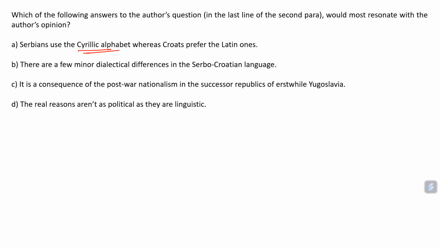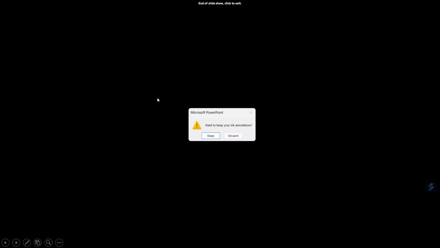If I read this out, the reason why they are considered separate languages has not been supported by the alphabet. We can understand that Serbians wrote it in Cyrillic, whereas Croats, Muslims, and Montenegrins preferred the Latin ones, right?